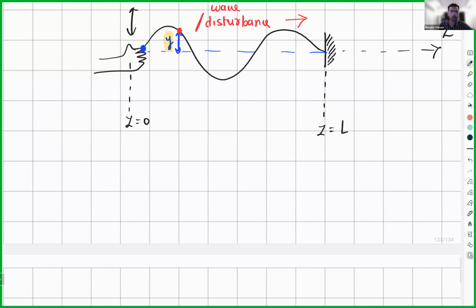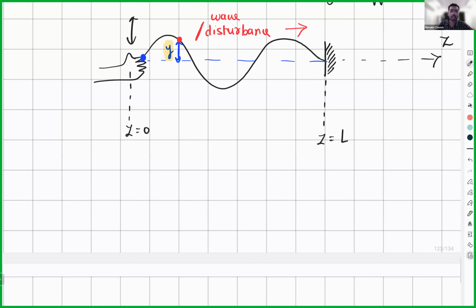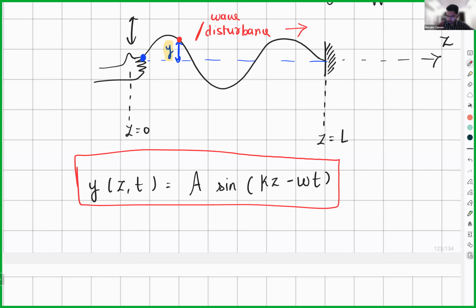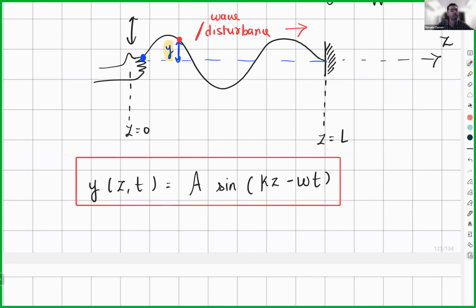Now, because each particle on the string is oscillating in an SHM, what I can write is Y as a function of Z and T can be written as the maximum displacement A multiplied by sine of kz minus omega t. This is how you write displacement of a wave. Now this displacement of a wave is representing the displacement of literally any particle on the string which is oscillating in an SHM.